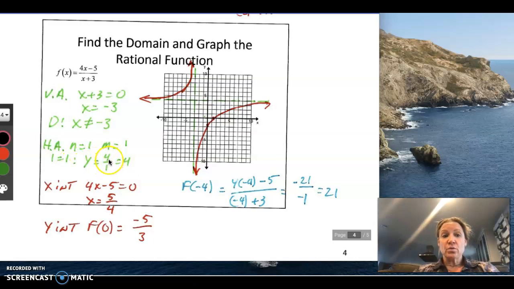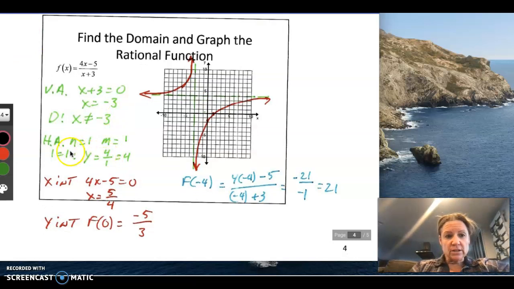So in this case, you're going to take the value of the algebraic terms, drop off the numeric terms, so you'd have 4x over x, which simplifies to 4 over 1, and 4 over 1 is 4. That means your horizontal asymptote is now at y equals 4. So instead of being on top of the x-axis like it was on all the previous ones, it's up here in the green dash, going from left to right.